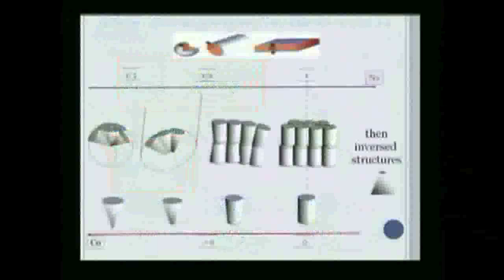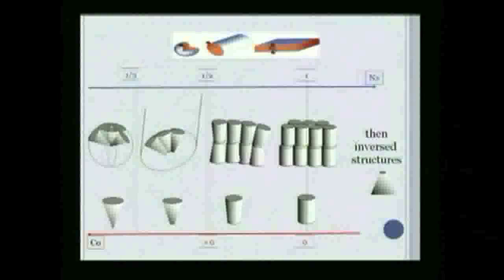So, on the next slide, this is what I summarized here. This axis is the shape parameter. This axis going in the other direction, of course, is C0, the spontaneous curvature.